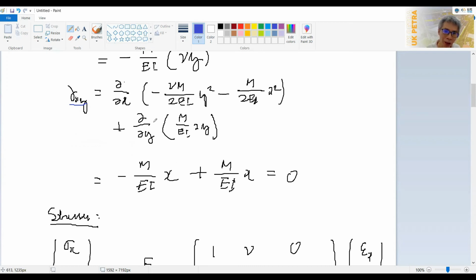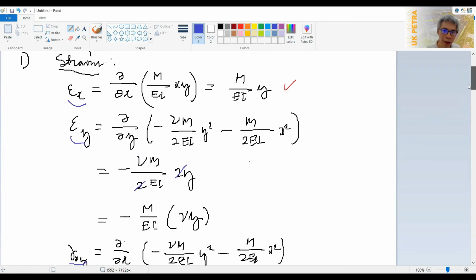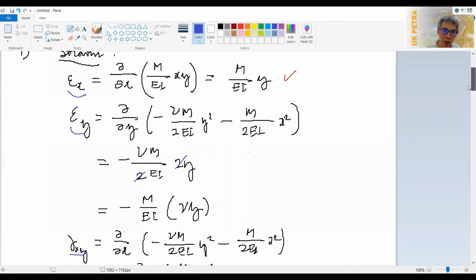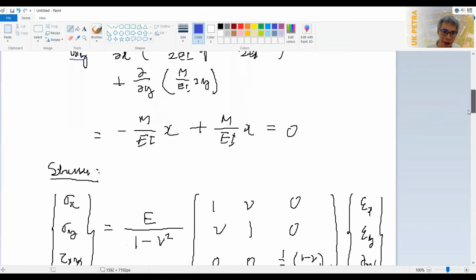And from the first derivative of this one, the result is M over EI x, right? And then the result is 0. So that's all for the strain components that we need to calculate to proceed to calculating the stress.